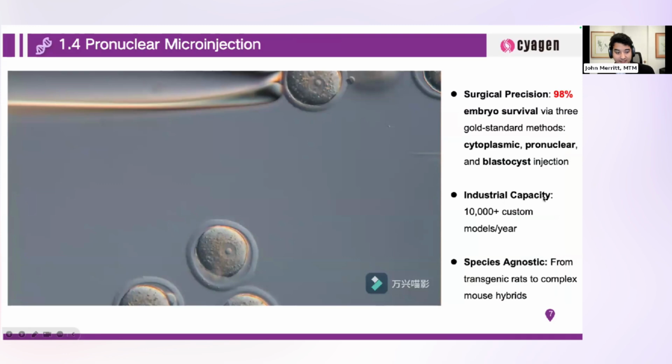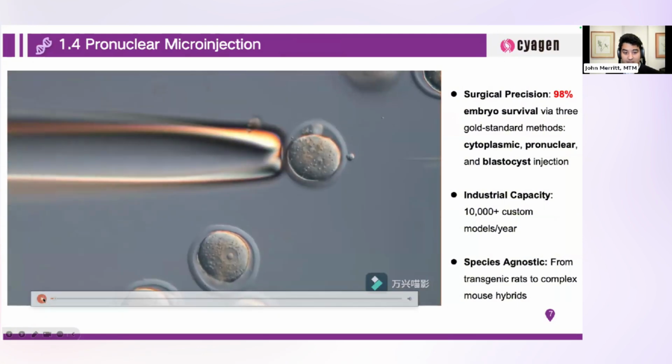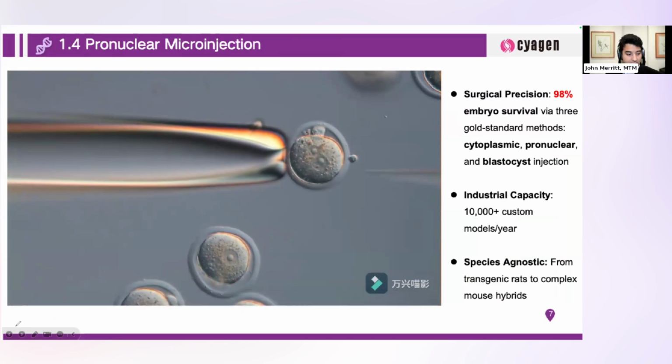So this right here is a video of us doing the first step, which is performing the pronuclear injection. And you're going to see here, like any pronuclear injection, there's 2 nuclei here. Not all of them show that in this video footage, but here.